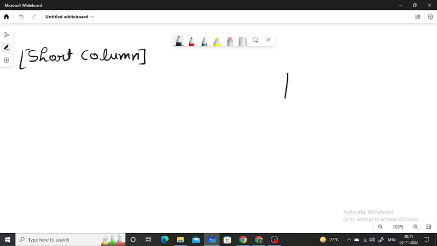Let us consider a column having a compressive load P at its center.